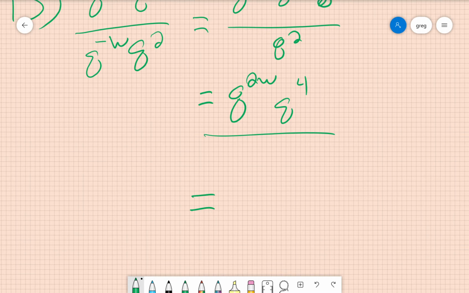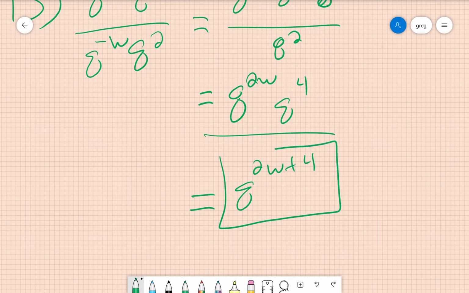Add the exponents. 2w plus 4. You don't have this on the quiz at all, but you're still doing the same exact laws. It just looks different. W plus w has been 2w since you were in 6th, 7th grade. That doesn't change. It just looks weird now that it's exponents. So it equals 8 to the 2w plus 4 power. That's the answer? It is. It's weird, but that's the answer.